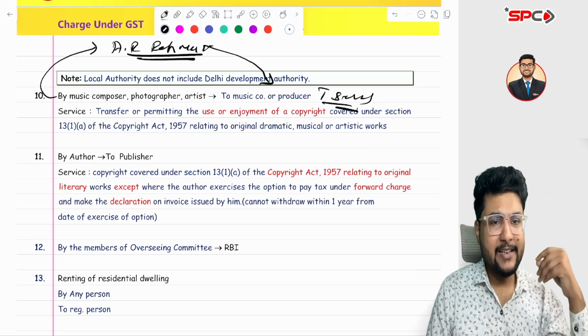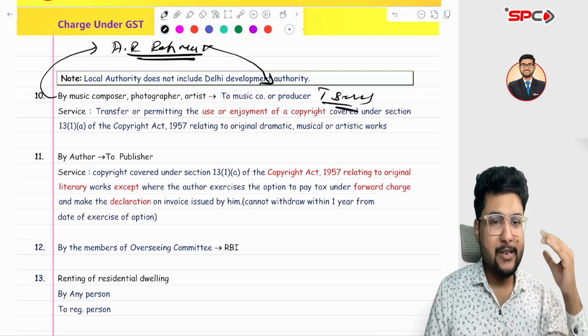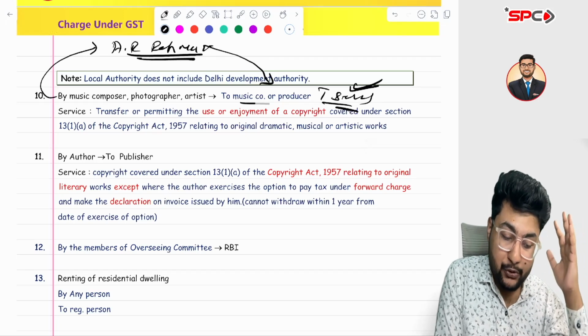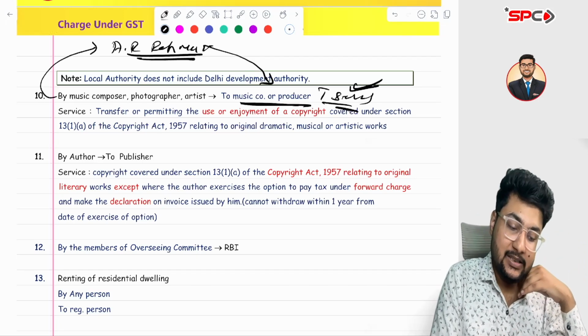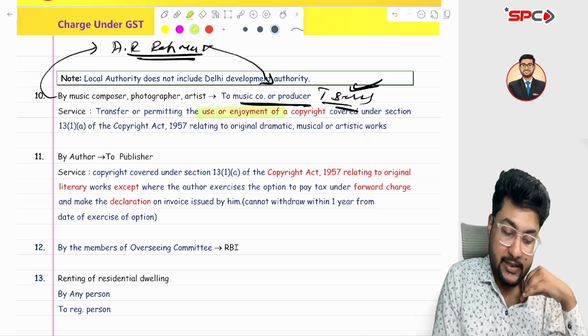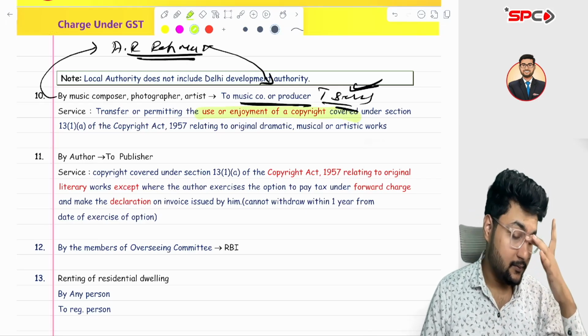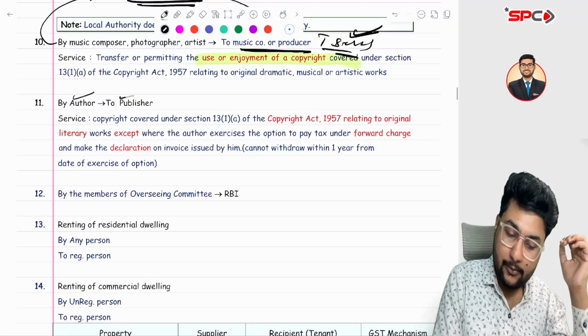For that, he's getting a remuneration in the form of royalty. But who will deposit the tax on royalty? Then the T-Series company, the producer, the music company will deposit the tax. And the service in this case is the enjoyment of a copyright, because T-Series now has the copyright. The same provision will apply to author and publisher.